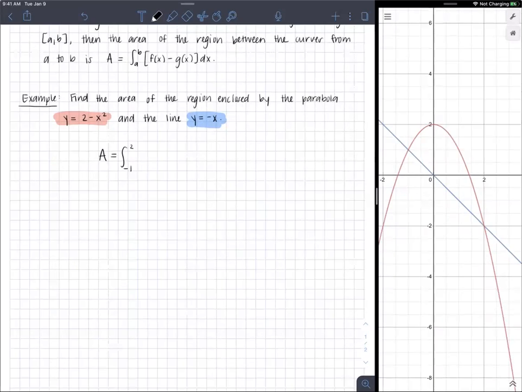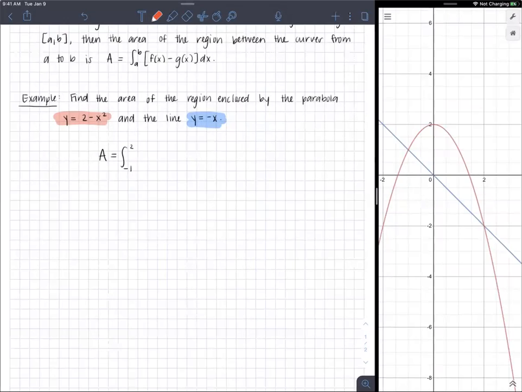And then I'm going to do f of x minus g of x, but I haven't really specified which one of these is f and which one is g. So is the parabola going to be considered f or g? Just take a wild guess if you can't really think about it. Yeah, it's going to be f, because it's the function that's sitting on top of the other function.